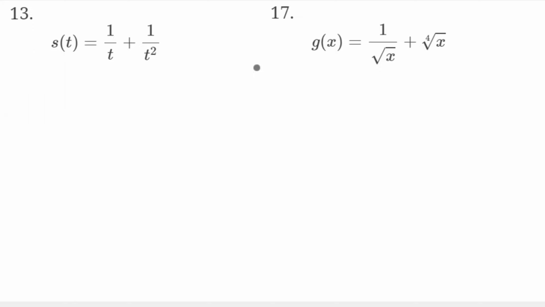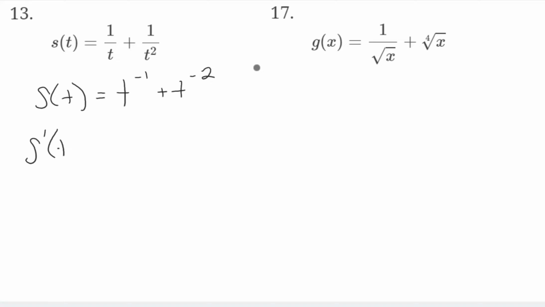All right, so what do we got for this first one? Yep. So if we look at this one, we're going to go t to the negative 1 plus 2 to the negative 2.